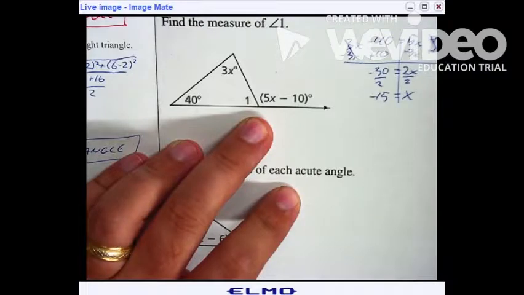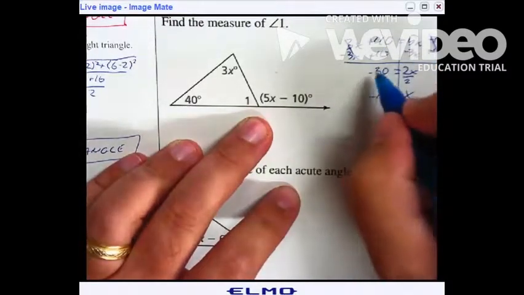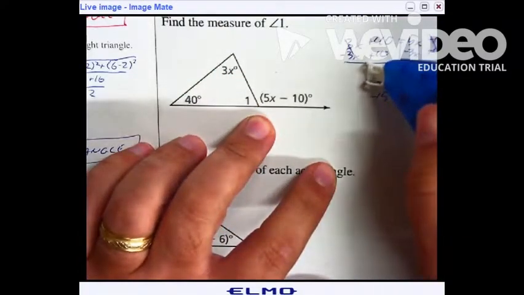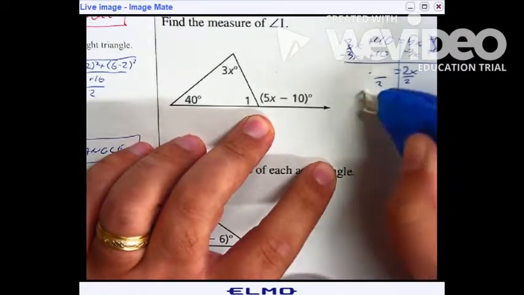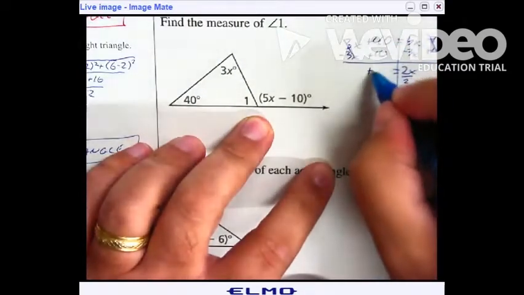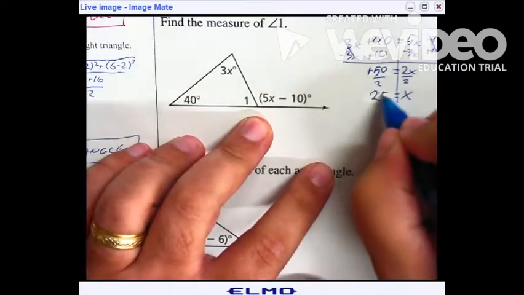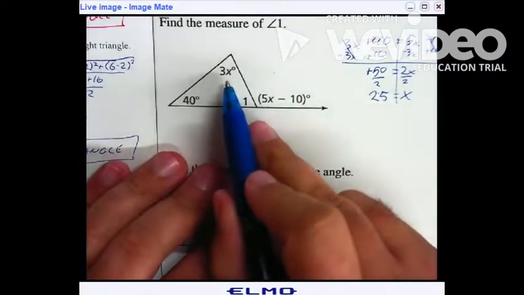That does not look right. What did I mess up? Oh, that's a plus. There we go. So this is all wrong. So we get out our good buddy, the whiteout. All better. So 40 plus 10 is 50. 50 divided by 2 is 25. So x equals 25. So now I can figure out what this angle is.